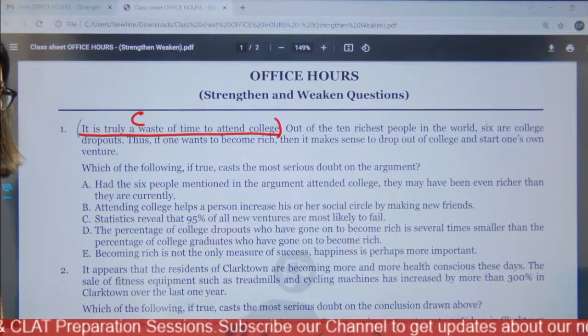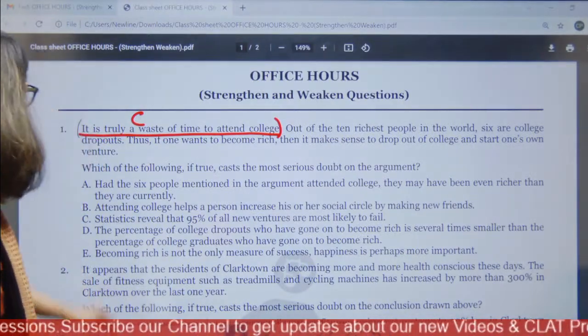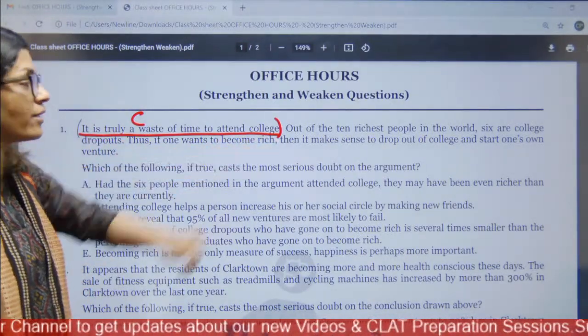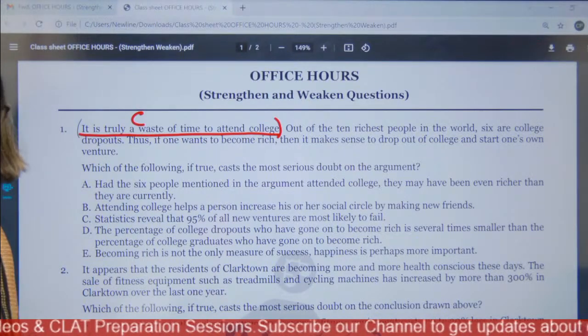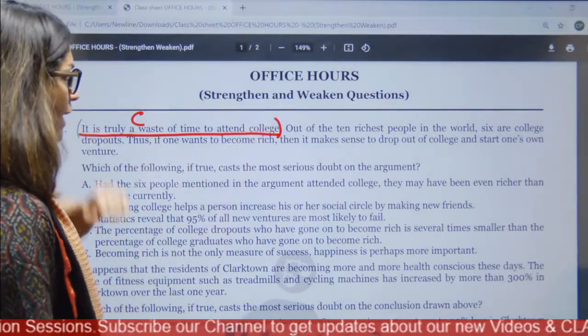Would you agree that this is the conclusion? It is truly a waste of time to attend college. Now the author says why it's a waste of time.